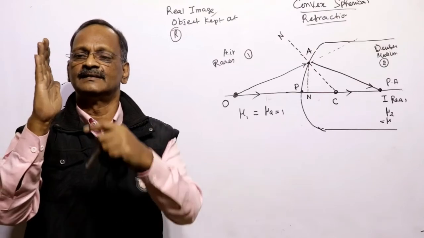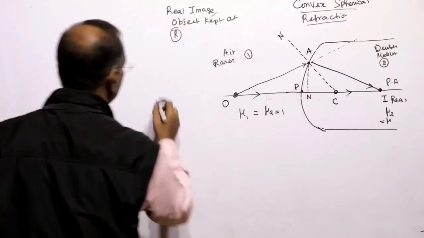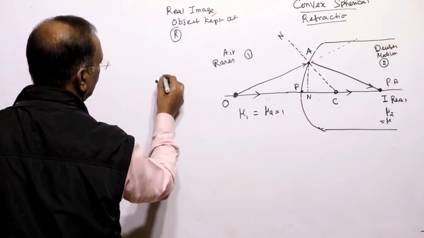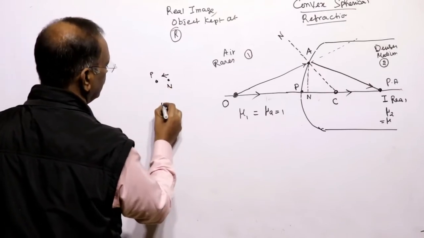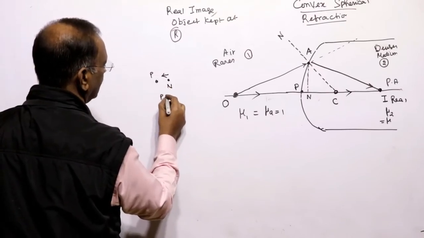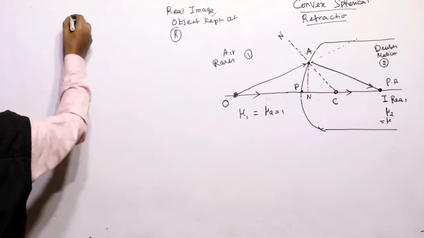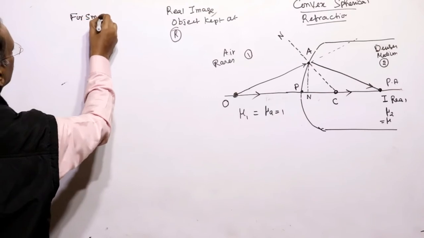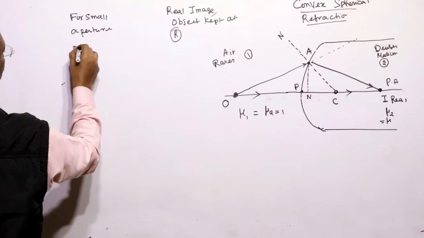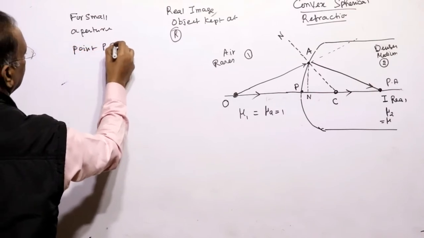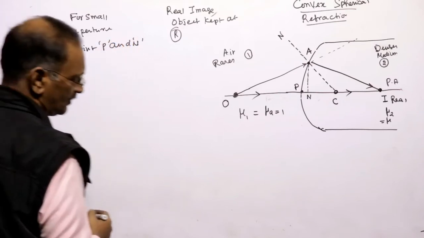If the aperture is small, the point N will move towards the pole P. In fact, we cannot distinguish between point P and N. It means we assume that for a small aperture, points P and N are almost coinciding.